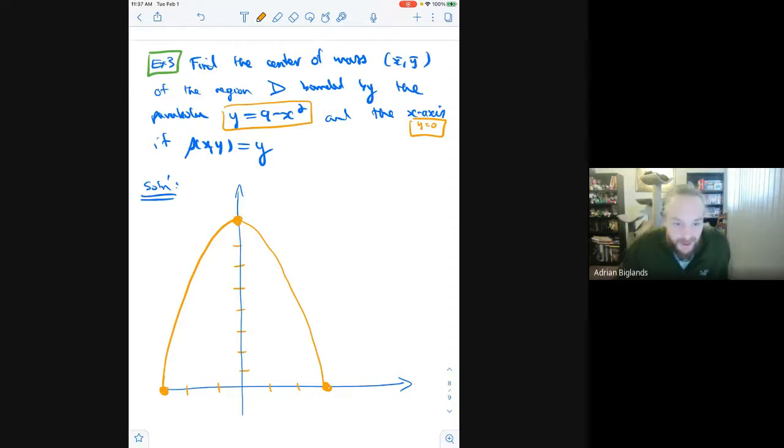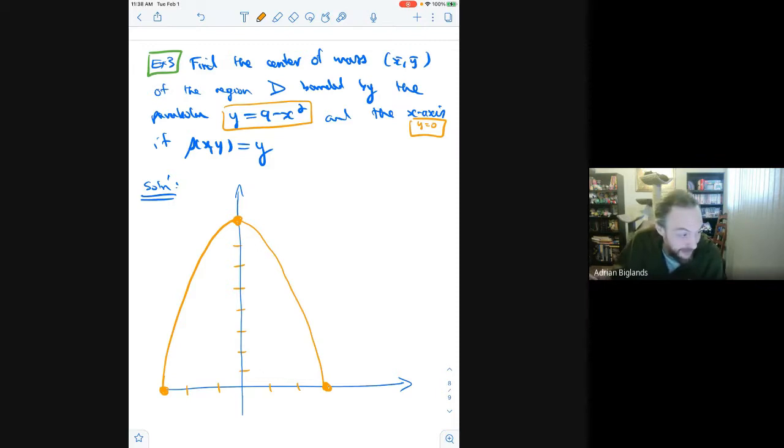I'm going to point out by symmetry, now that I've drawn it symmetrically, that the x bar should be 0, because there's the same amount of mass on the left-hand side and the right-hand side. But what do we have now for our region?